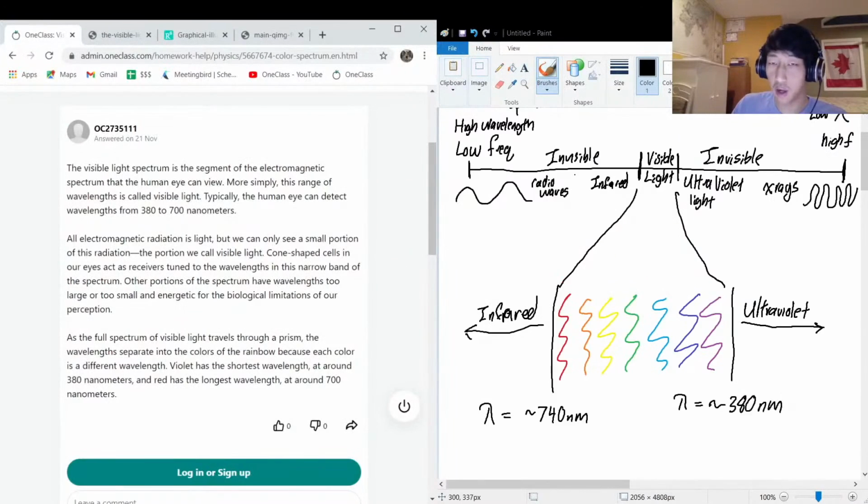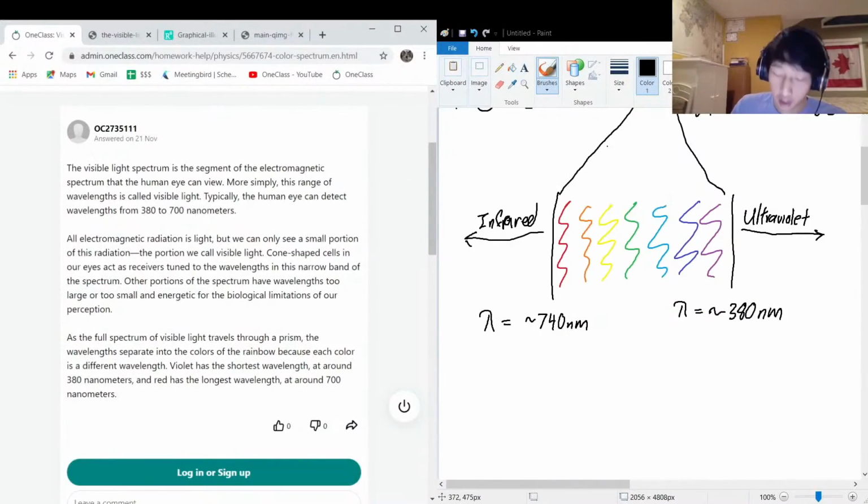So yeah, if you want to know the relationship between wavelength and frequency, it's as follows. Wavelength is equal to the velocity of the wave, meters per second, divided by frequency.